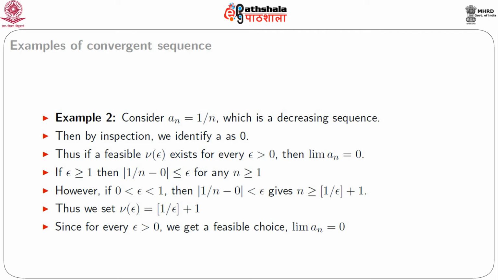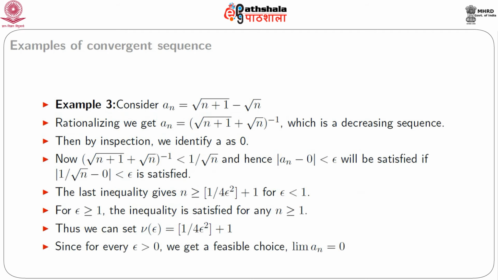However, for 0 less than epsilon less than 1, the same inequality gives n greater than or equal to box of 1 by epsilon plus 1. Thus, we can set our nu epsilon as box of 1 by epsilon plus 1. Since for every epsilon greater than 0 we get a feasible choice, the limit of a_n exists and is equal to 0.